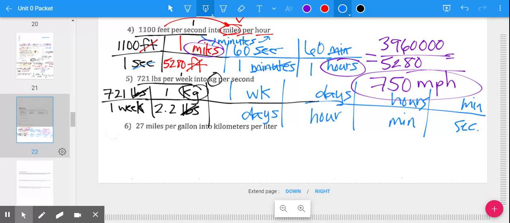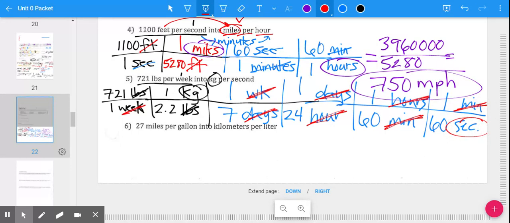So 1 week is 7 days. 1 day is 24 hours. 1 hour is 60 minutes. 1 minute is 60 seconds. If we cross out our units, we have weeks at the bottom, weeks at the top, days at the bottom, days at the top, hours at the bottom, hours at the top, minutes at the bottom, minutes at the top. We're left with seconds at the bottom, which is where we want to be.